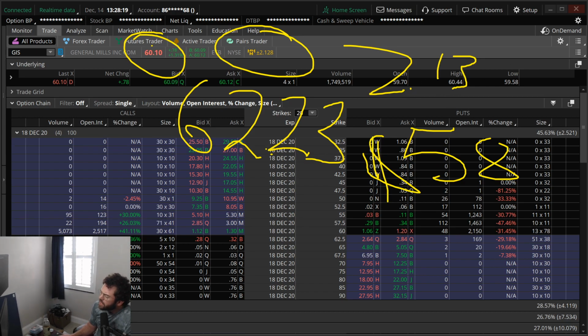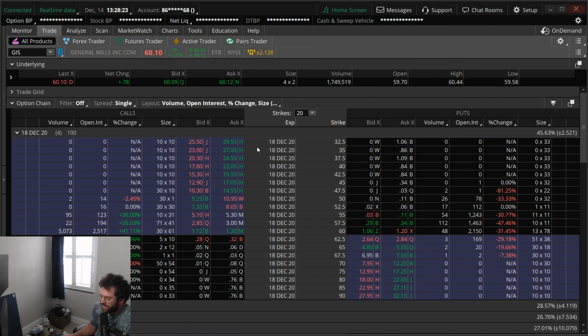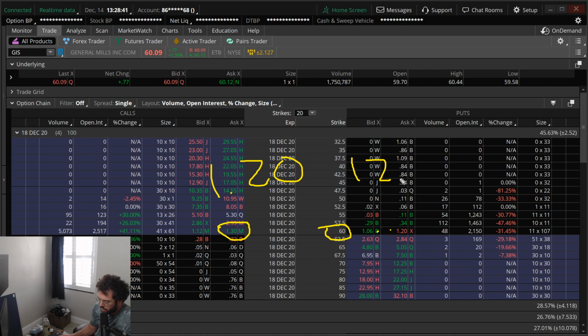Right? The next thing I want to do is look at the options. What you can do is look at the at-the-money straddle, which is the price of the calls and the puts added together. So the stock's right around 60 bucks, so we'll look at the $60 calls. They're about mid-market, probably 1.20. The puts are about, we'll just say 1.20 to make it easy, too.